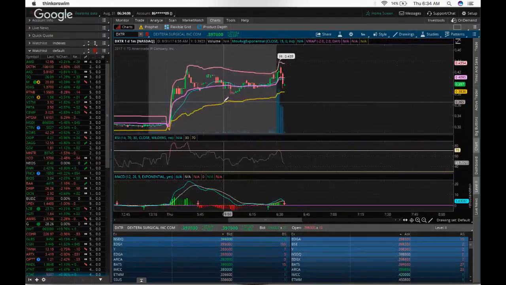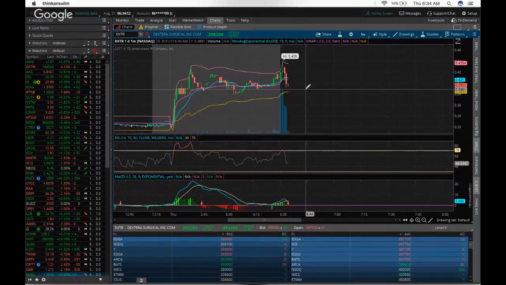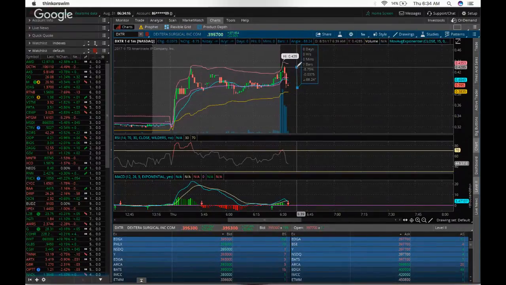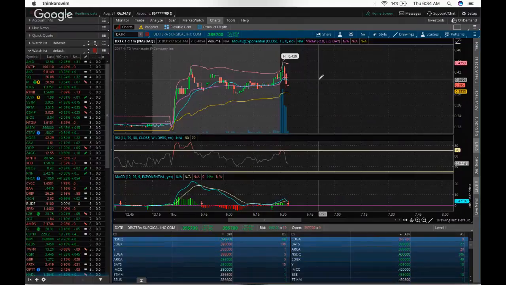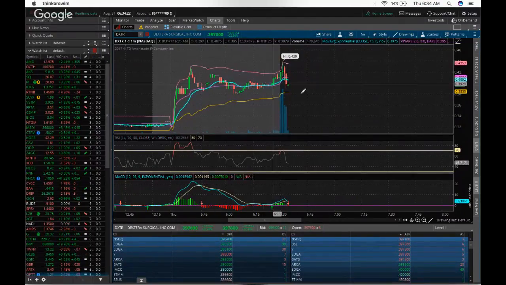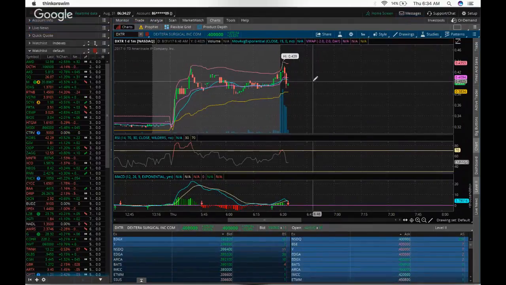Trending back down. AMD just about to cross 13 cents. Man, all these ones are doing well. There we go.